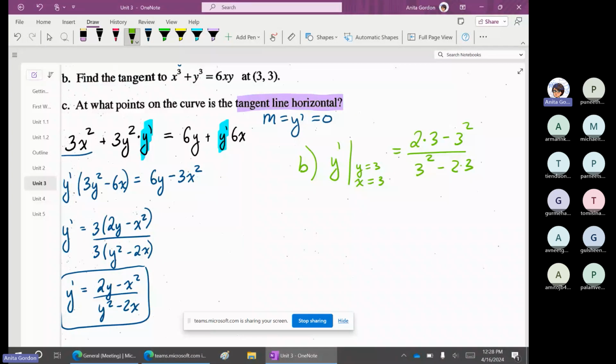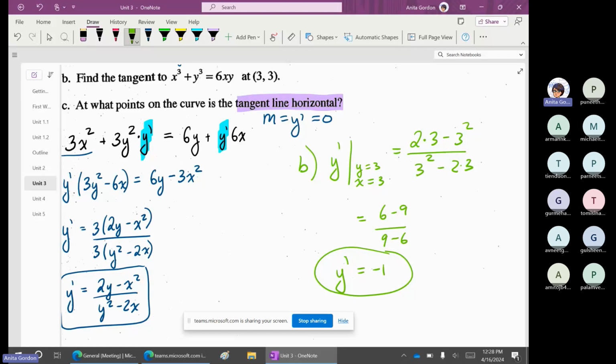Don't say it's 0. It's tempting. It looks very symmetric, doesn't it? 6 minus 9 over 9 minus 6. Negative 1, thank you. y prime is negative 1 at the point 3, 3.